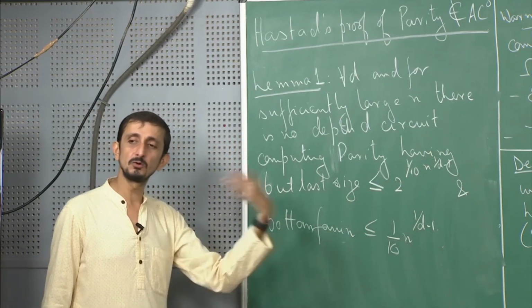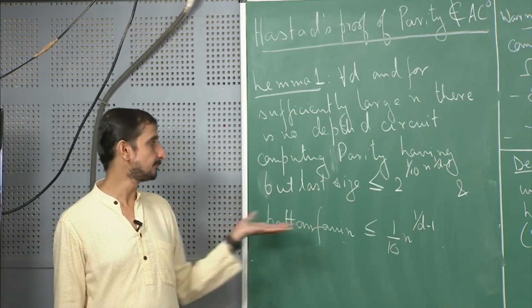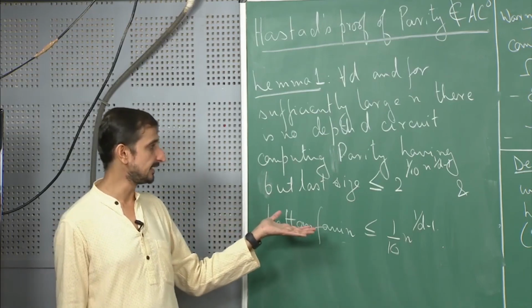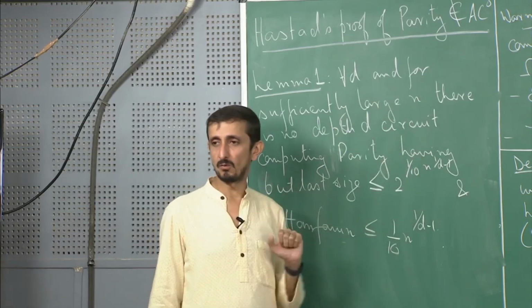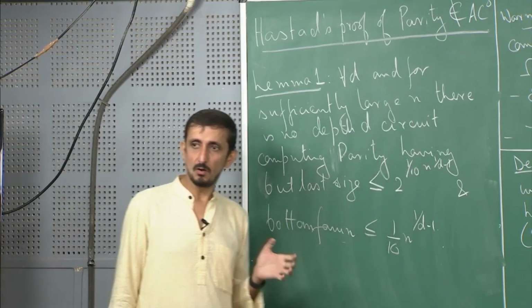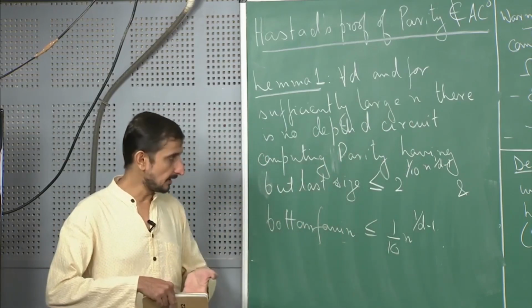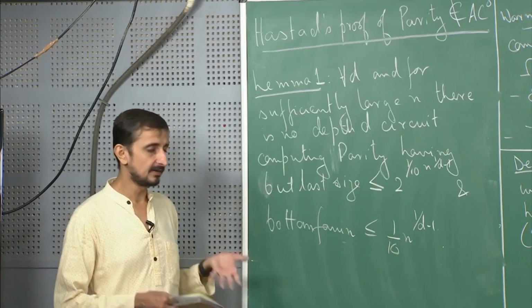Now, suppose the contrary. Suppose there is a circuit computing parity which has size 2 to the power 1/10 n to the power 1 over d. What I will do is use that circuit.